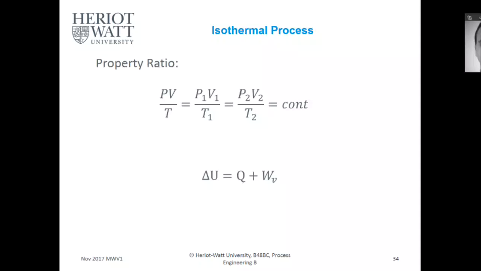So the property ratio that I just mentioned, you can modify that. You need to comply with the first law of thermodynamics: the change in internal energy equals Q plus volume work. Now, this one's important. In an ideal gas, the internal energy is related to temperature, right?